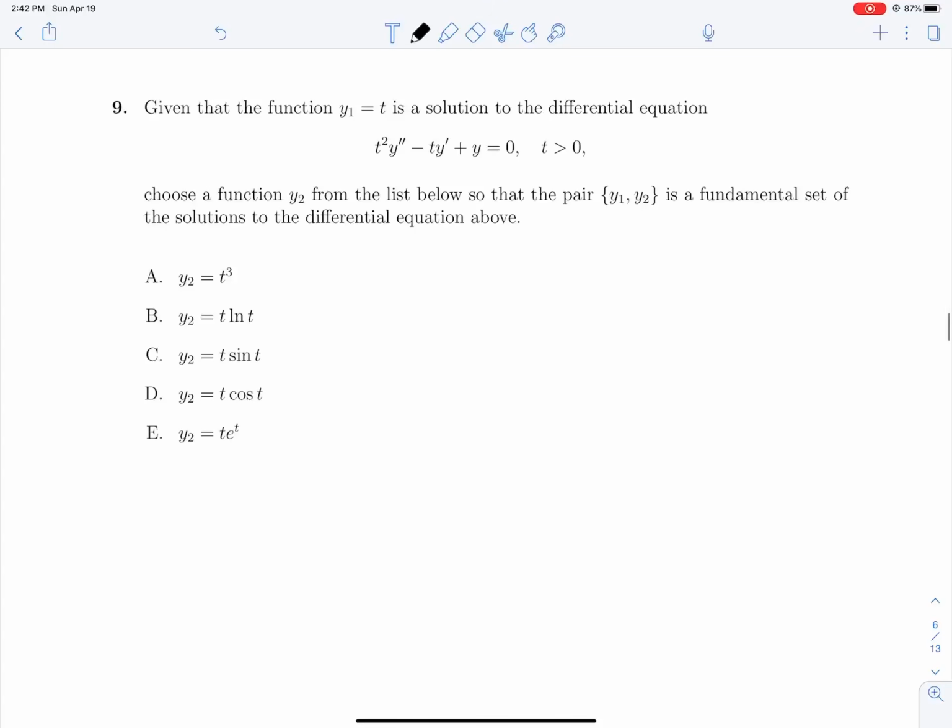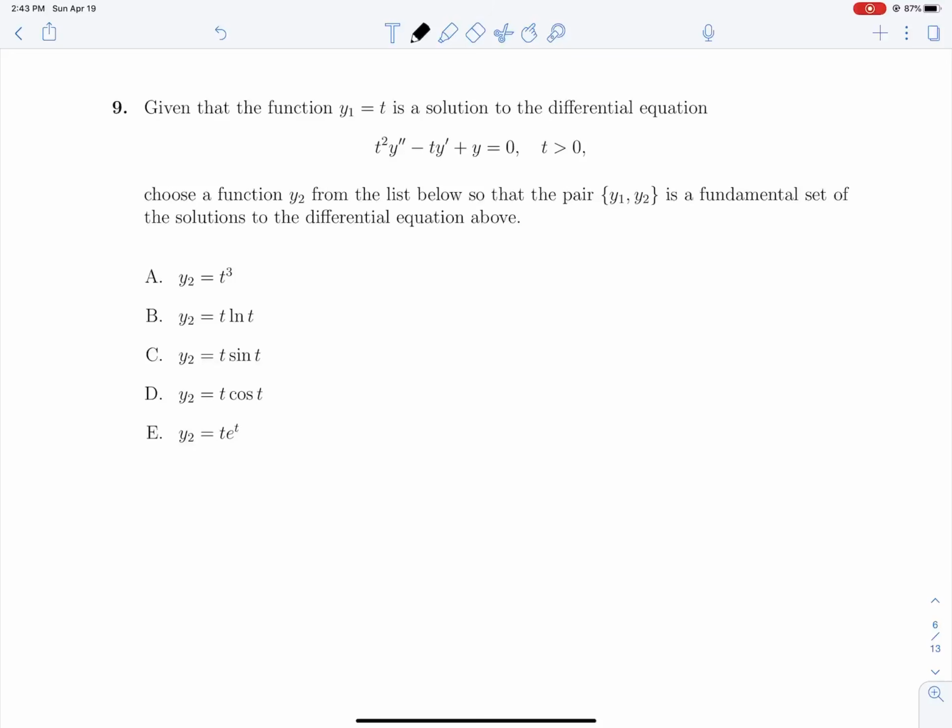9. Given that the function y1 equals t is a solution to this differential equation, we're choosing y2(t) such that the pair form a set of fundamental solutions to the differential equation above. So we're going to be using reduction of order, that's what it's called, to find our second solution.